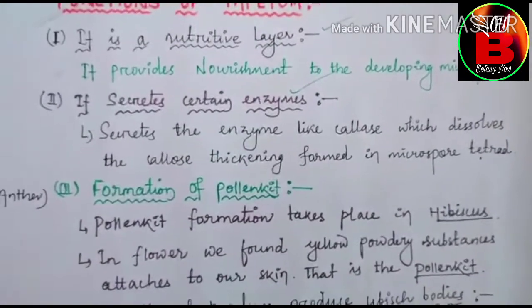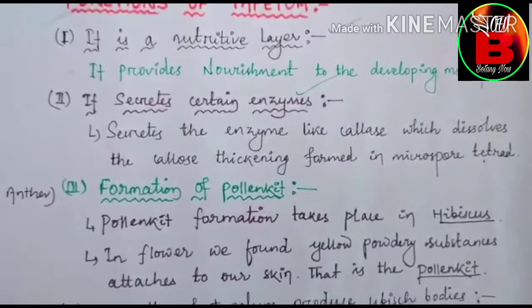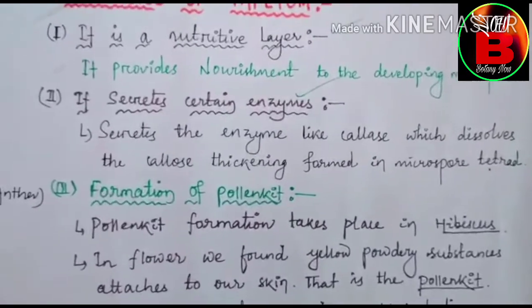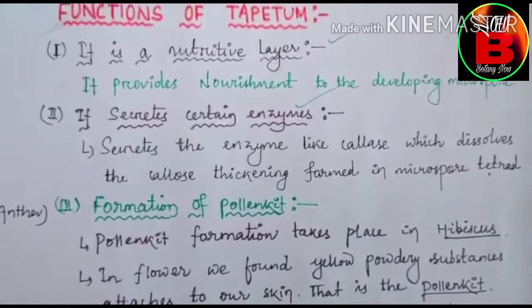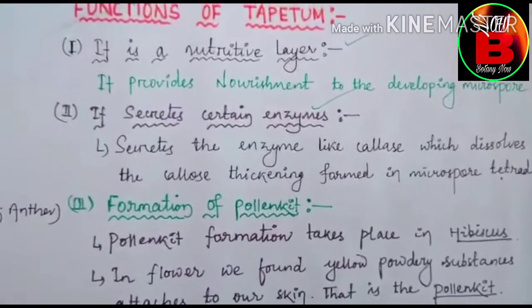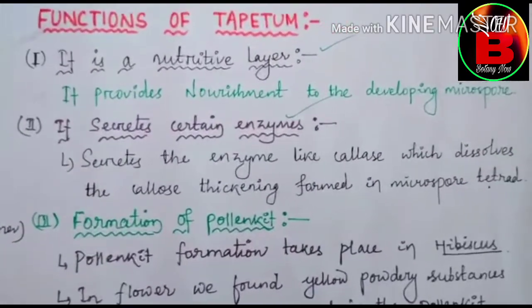Inside the pollen sac, the pollen grains are formed. Before the pollen grains are formed, the microspores are held together by callose substances.